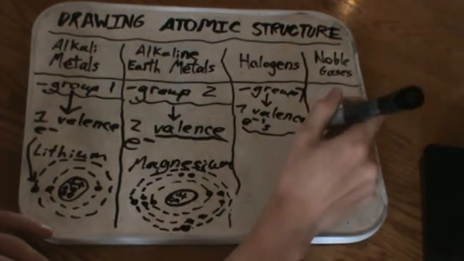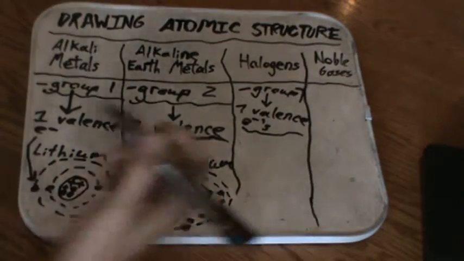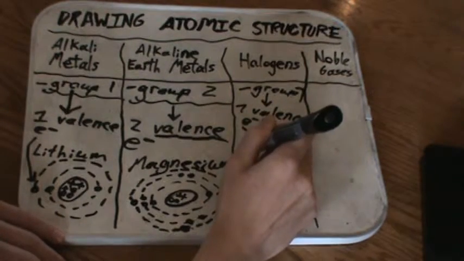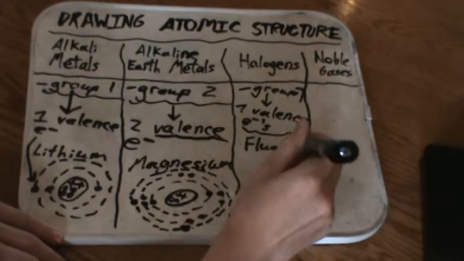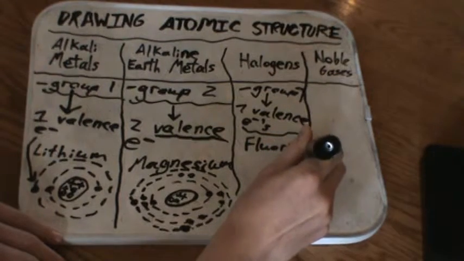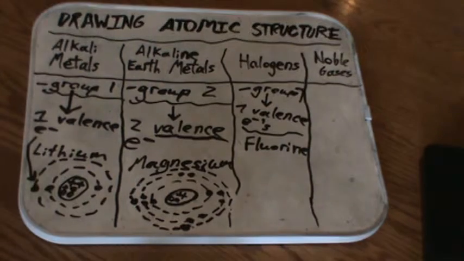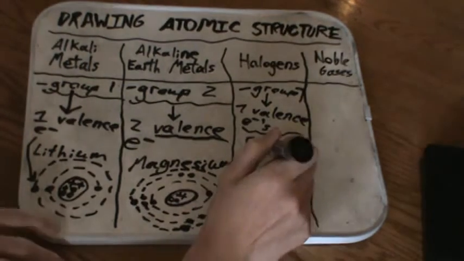Okay. So now, in order to do an example of this, let's choose fluorine. Fluorine is the most reactive element in the periodic table, and we will talk a lot more about reactivity later on in this video and then in future videos.